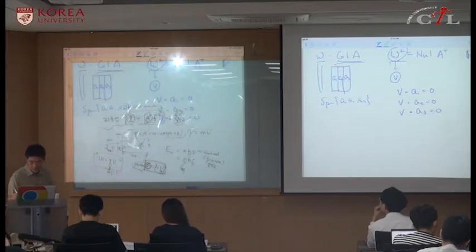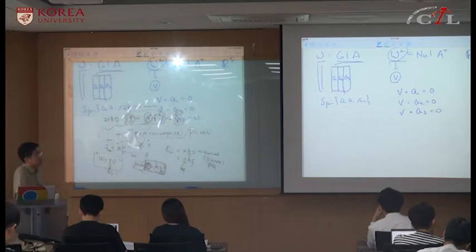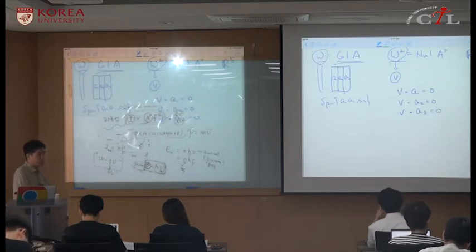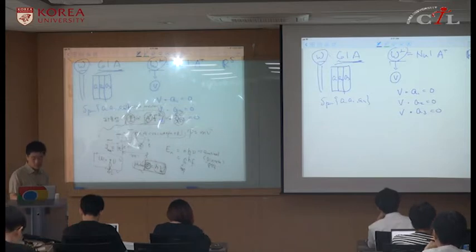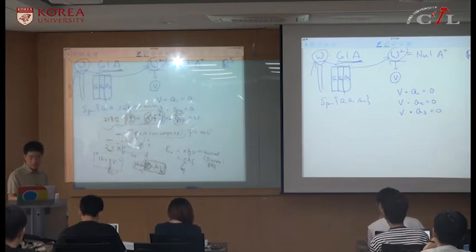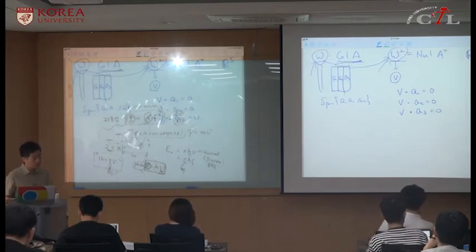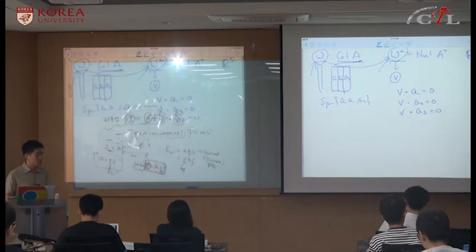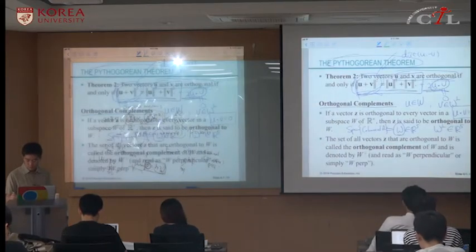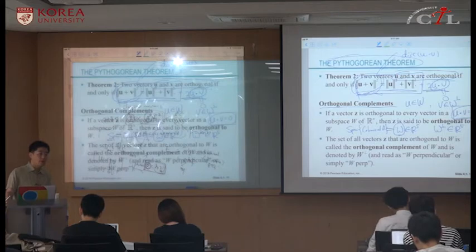The starting point is that we start with this given entire universe as maybe R5, and then we consider some subspace W, and suppose that is the column space of matrix A. And then what about its orthogonal complement, which means that we pick any vector from W and any vector from W perpendicular, and then they should always be orthogonal to each other, which means that their inner product should always be 0. Okay.